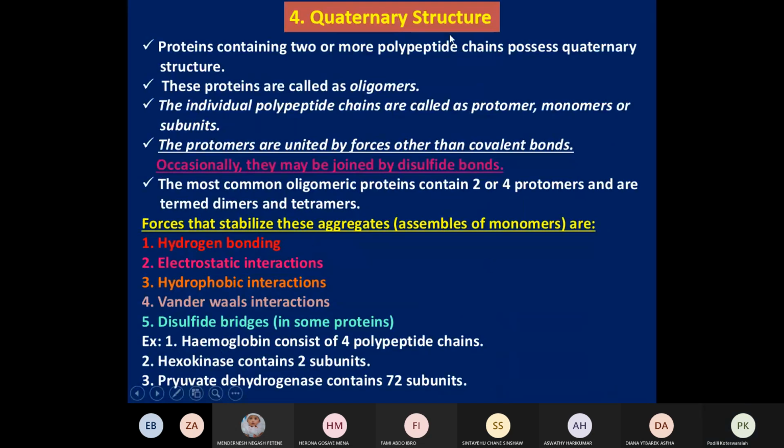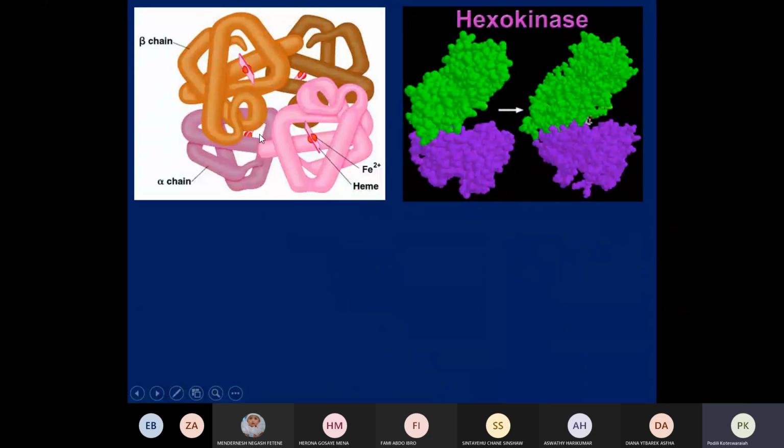Each subunit is also known as a protomer, monomer, or subunit, so the quaternary structure is nothing but the association of many subunits. As we have already said, hemoglobin has two alpha subunits and two beta subunits, all connected by various non-covalent interactions.